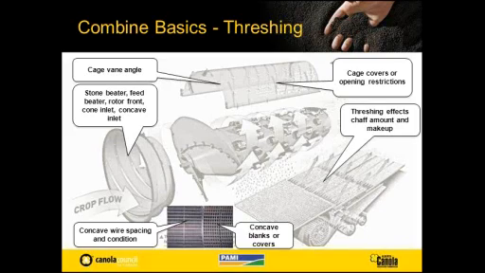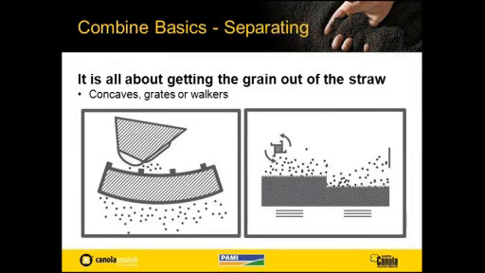Everything that happens due to threshing basically is going to end up going down into the cleaning system. Separating, again, is as soon as it's threshed, we want it to separate. So we like to get it as quickly as possible away, because typically the seeds that fall out early are relatively clean compared to the amount of chaff that's with it.